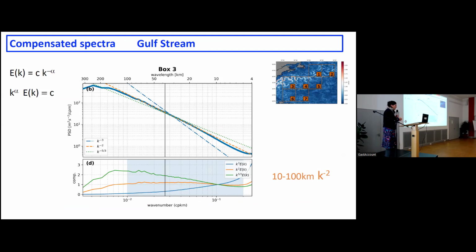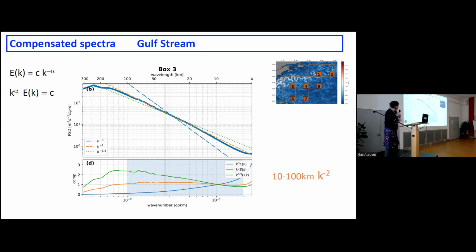So to look in more detail at the slopes, what are the slopes that we're getting for what kind of ranges? So you can look at the compensated spectra actually. Here are examples when you plot them in a compensated way for k to the 3, k to the minus 2, k to the minus 5/3.